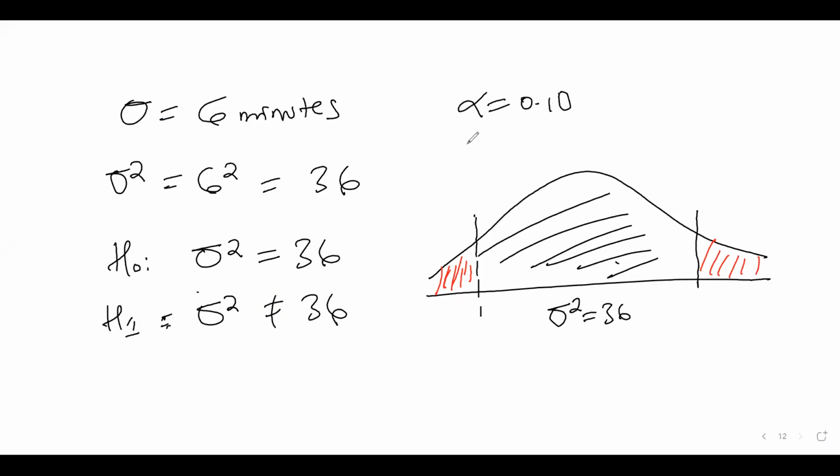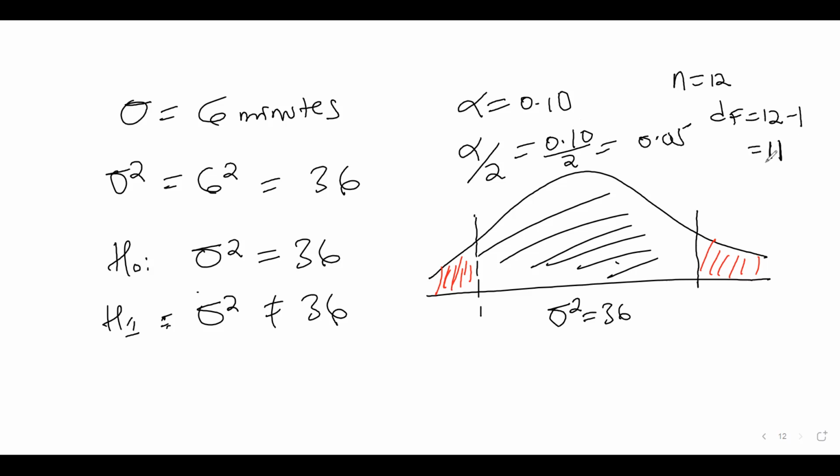That means that each tail, half of it, will be 0.10 divided by 2, which is 0.05, all right? Because we are testing at 90% confidence. Now the sample size is 12. That means that the degree of freedom is 12 minus 1, and that will give us 11, okay?